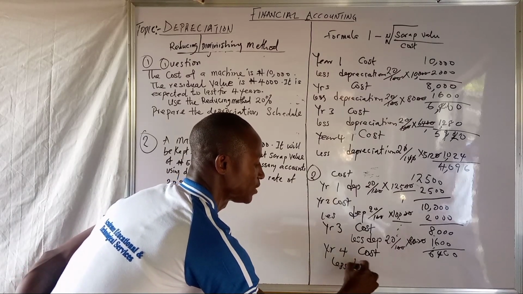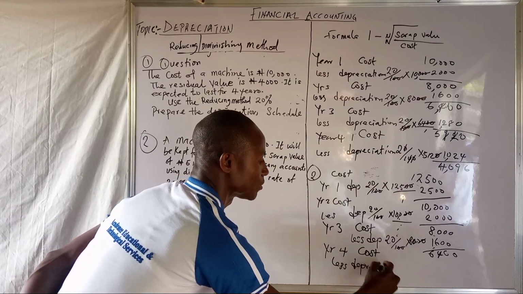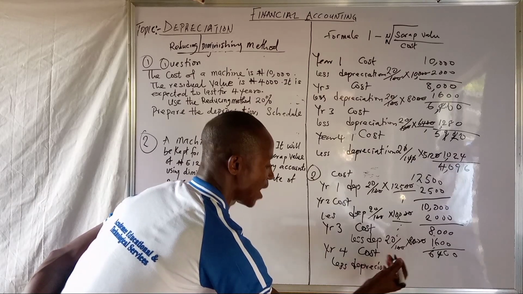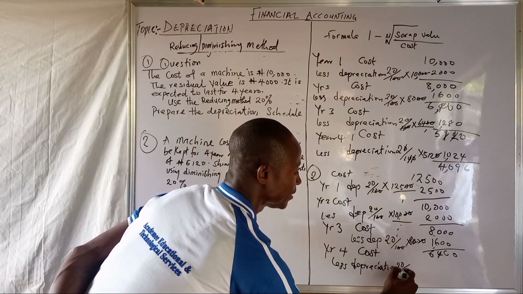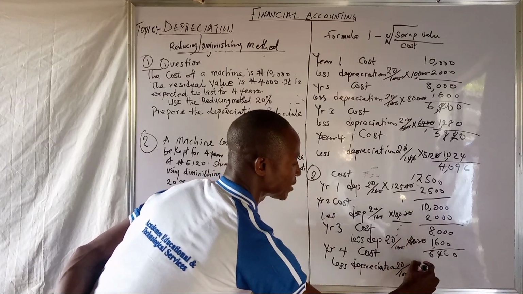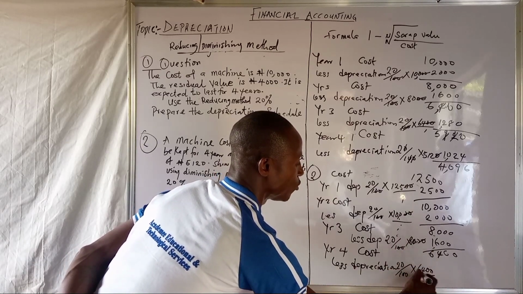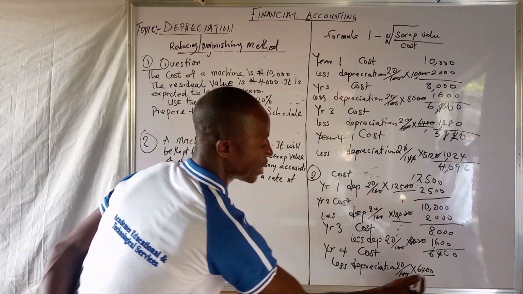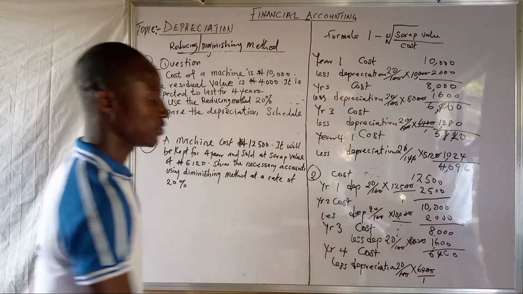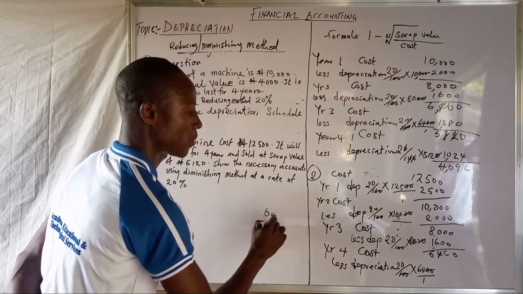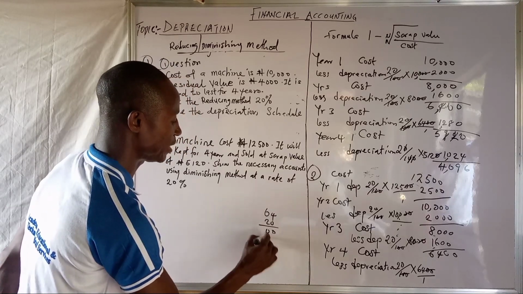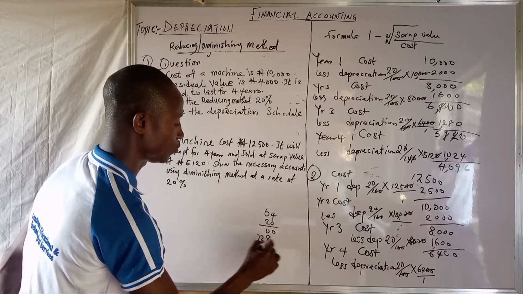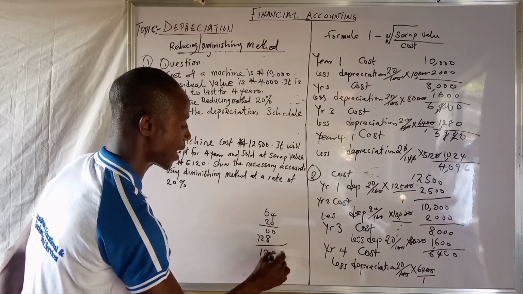You less depreciation, which is 20% of 6,400 over 1. 0 eliminates this 0. Then 64 multiplied by 2, that is 128, which is going to give us 1,280.